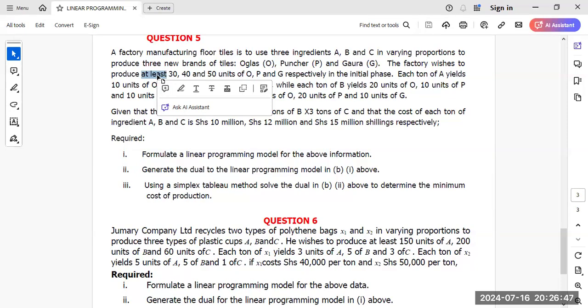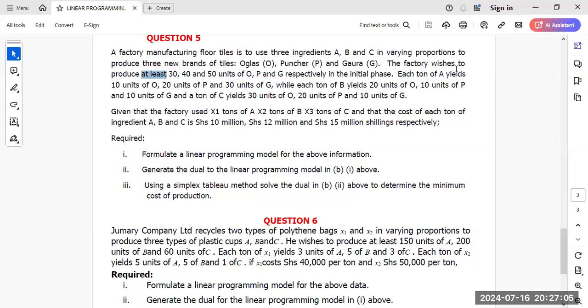You have at least. Now, which inequality for at least? Is it less or equal to? Greater or equal to. All right.